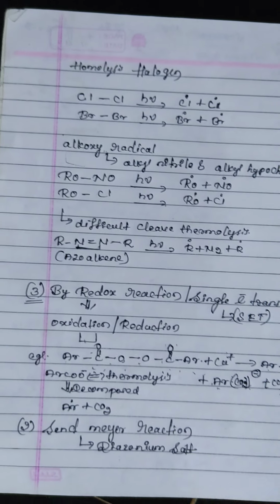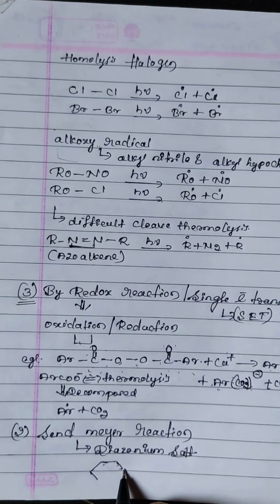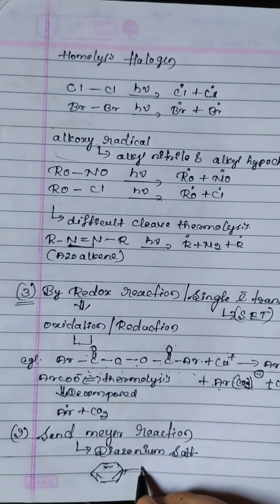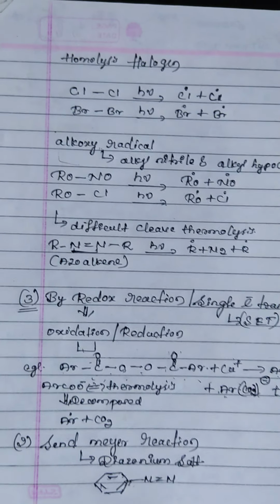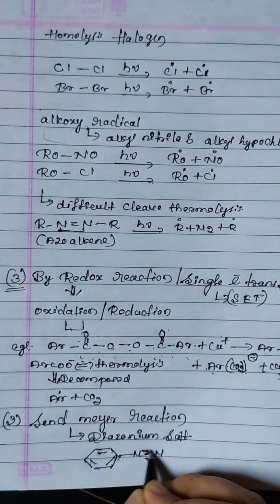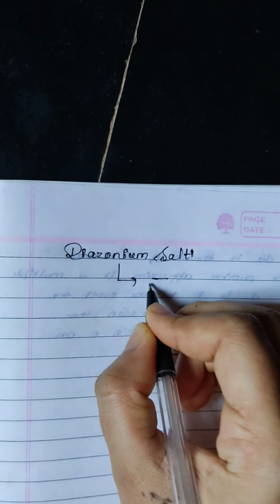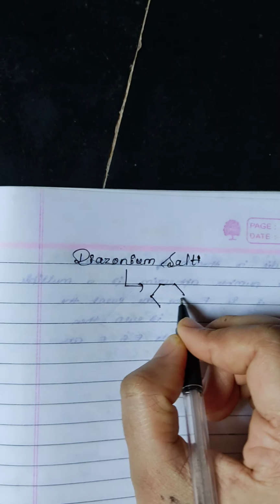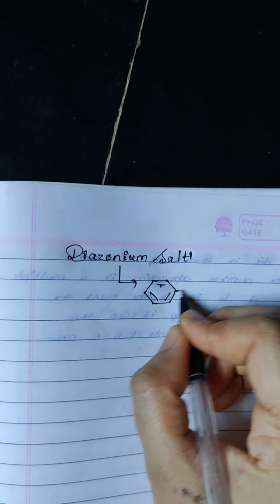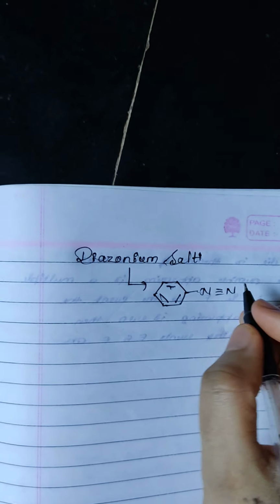What does diazonium salt mean? One benzene ring is given. Just write it down: the N≡N triple bond is attached, Ar-N≡N with a positive sign.